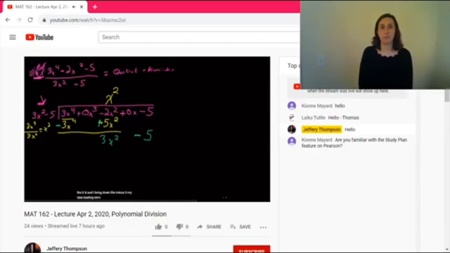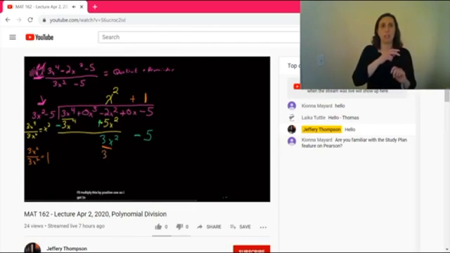My new leading term is here. I'm now repeating what I've done before with this leading term. So 3x squared over 3x squared is 1. So I'll multiply by positive 1, and I'll multiply this by positive 1.